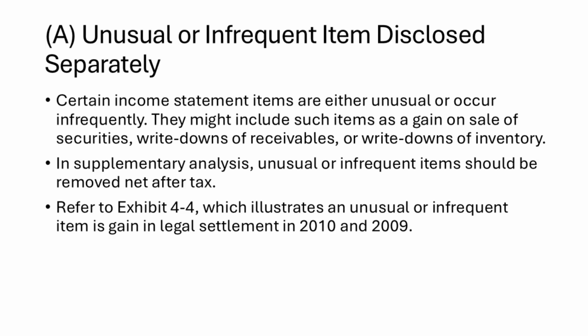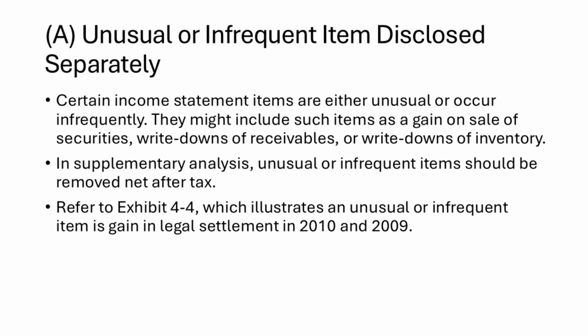The first special item is the unusual or infrequent item disclosed separately. Certain income statement items are either unusual or occur infrequently. They might include items such as a gain on sale of securities, write-down of receivables, or write-downs of inventory.